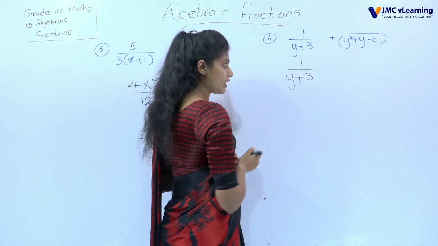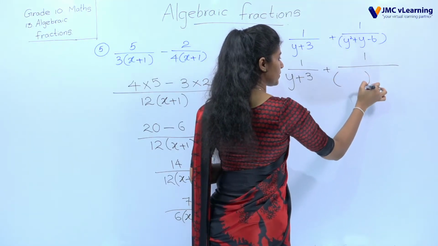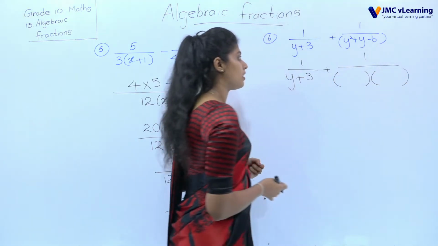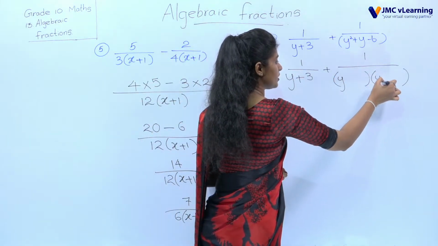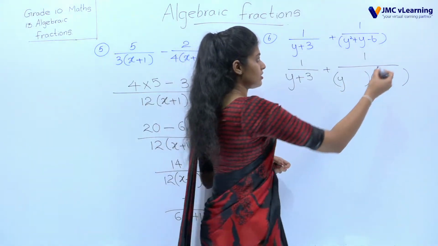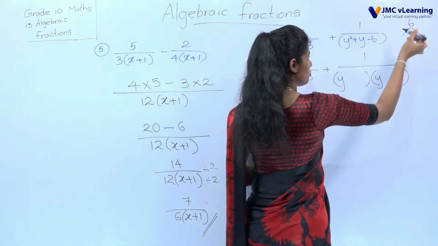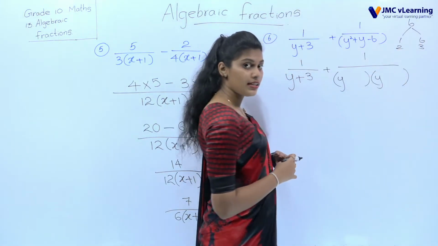Here y plus 3, this one let's write as 2 multiplications. Then here y squared, so here we are putting y. Then here 6, 6 you can make how? By multiplying 1 into 6, 2 into 3, like that way.